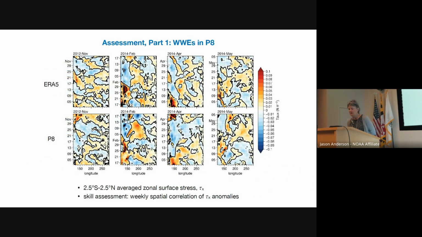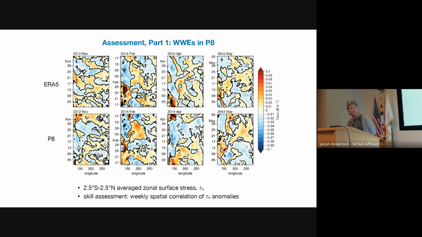What I'm showing you here is a comparison of just 4 of these events, as depicted in ERA5, this is surface stress for 4 events and the corresponding events from the P8. And when we saw these plots, we visually thought the model seems to be doing a pretty good job. So this was encouraging.